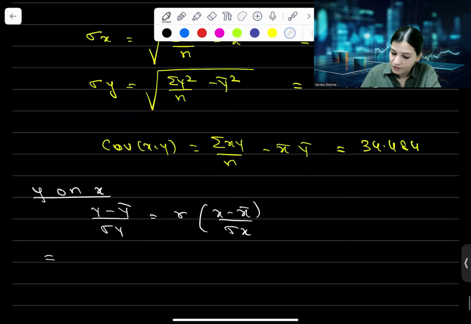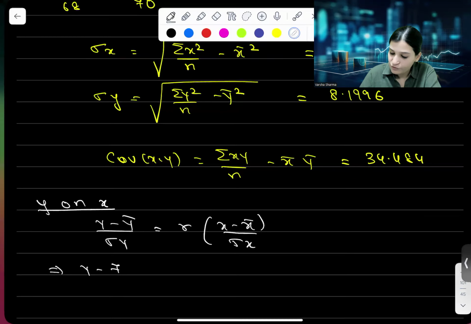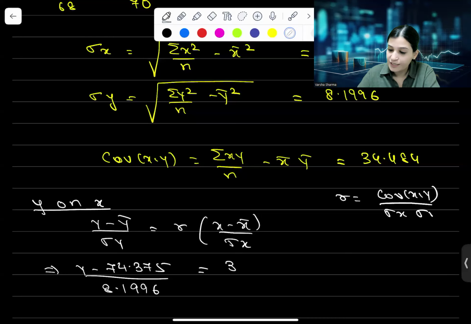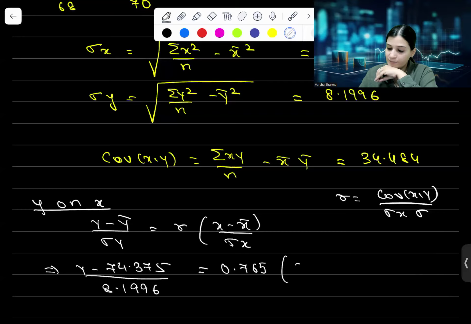So y minus 74.375 equals... Okay, we didn't calculate r. r is covariance by product of standard deviations: 0.765. Then x minus x bar divided by standard deviation of x.